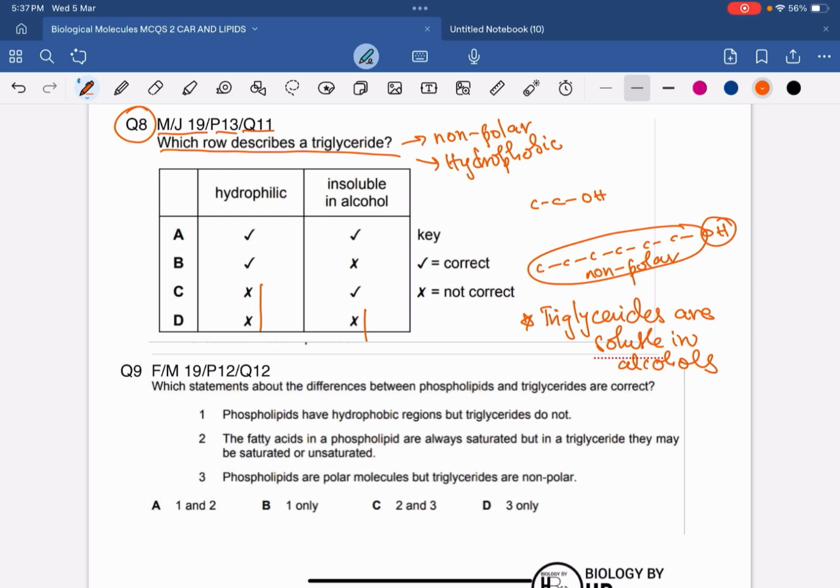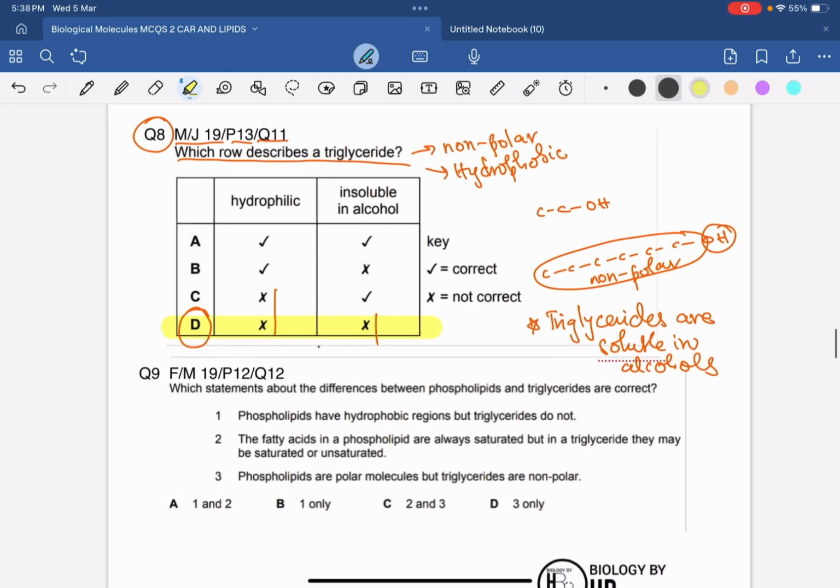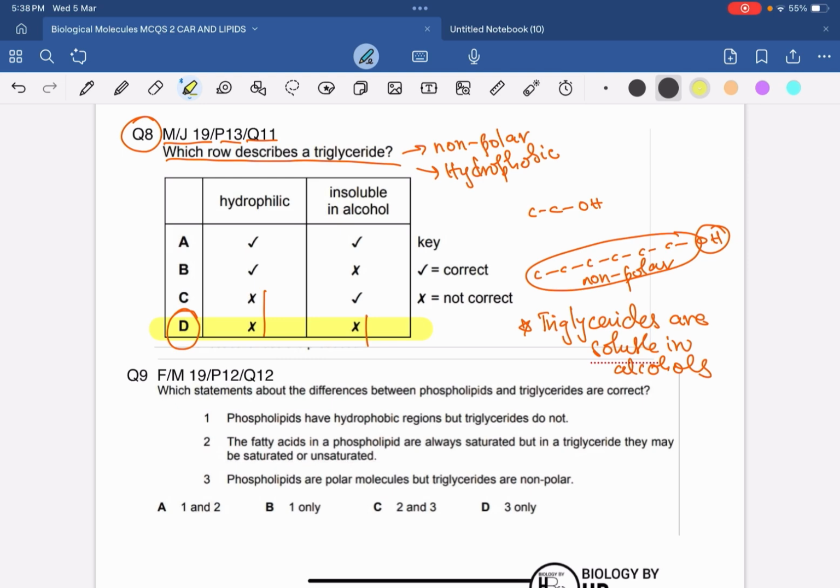Because the long chain alcohols, for example from butanol, have more of the hydrocarbon chain, which means there is more of a non-polar effect, and triglycerides are also non-polar. So non-polar and non-polar, which means that they both can dissolve in each other. So hence option D over here is the correct answer. I hope that I am able to make this MCQ clear to all of you. I have tried my best possible to clear this MCQ and make you understand the concept.